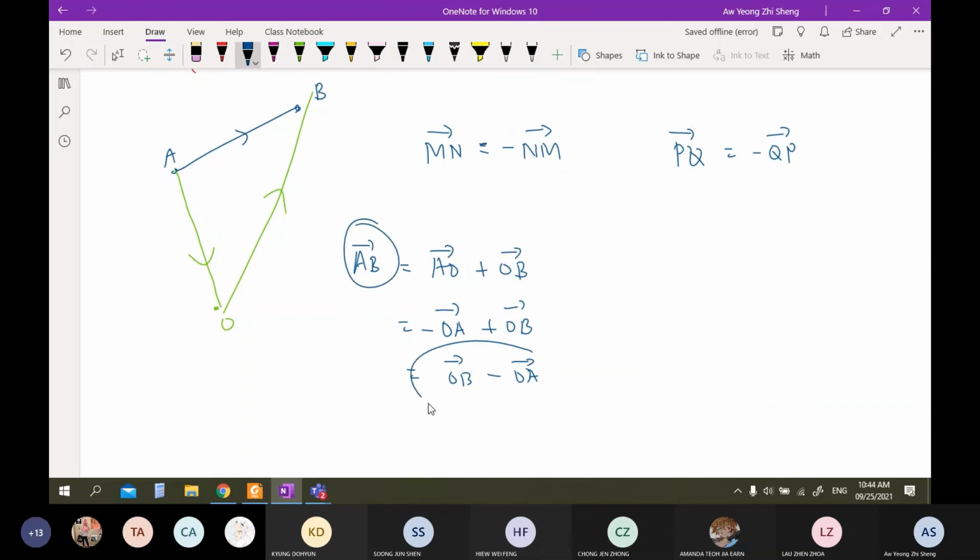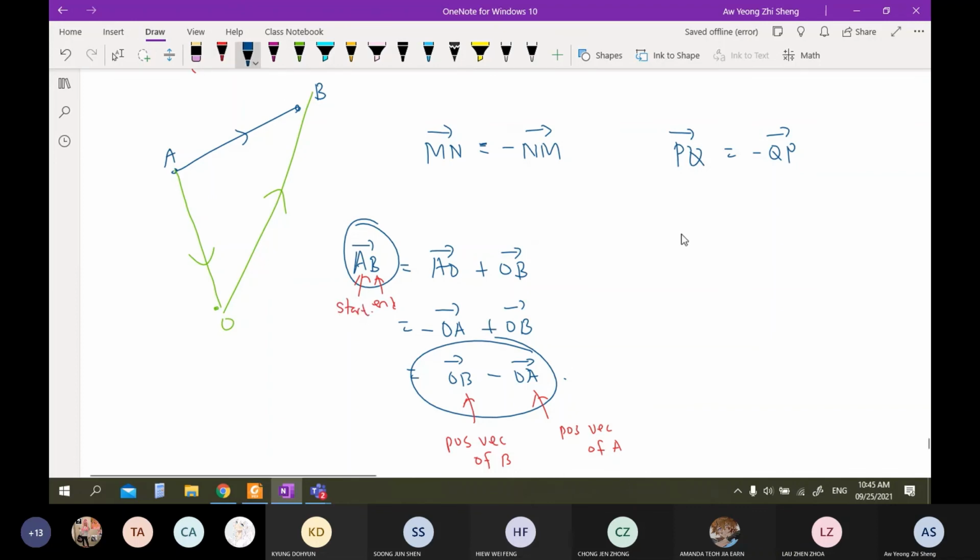This means, what is OB? This is the position vector of B. OA is the position vector of A, which means any vector AB can always be broken down into the position vector of the ending point minus the position vector of the starting point.